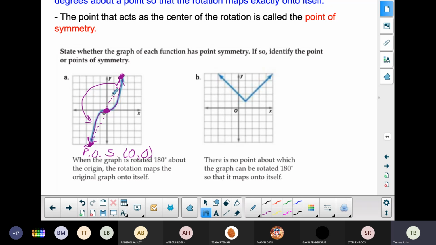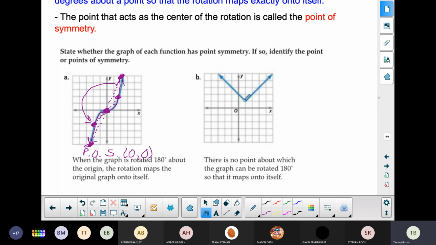If you drew from here to the point of symmetry and then the same amount in the opposite direction, would it reflect onto here? And it would. If you picked maybe this point and this point, and you reflected it over this point, would it land here? And it would. So this one does have point of symmetry.